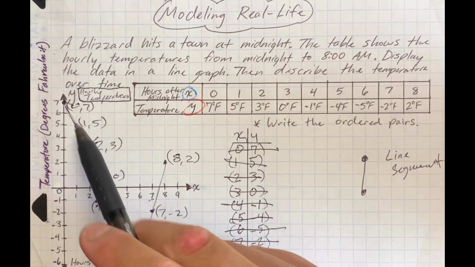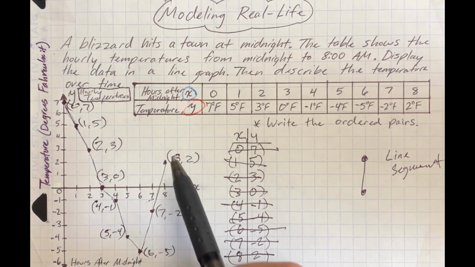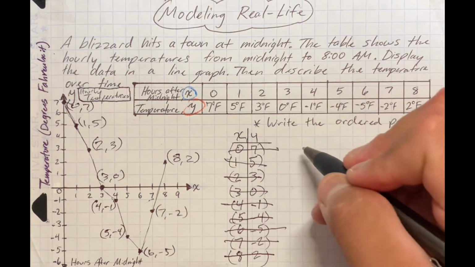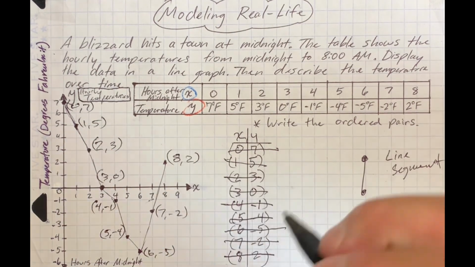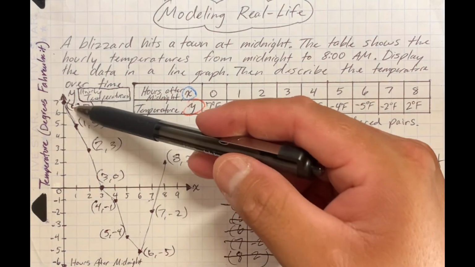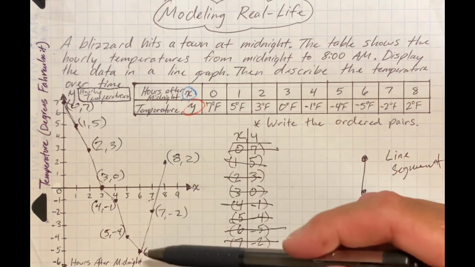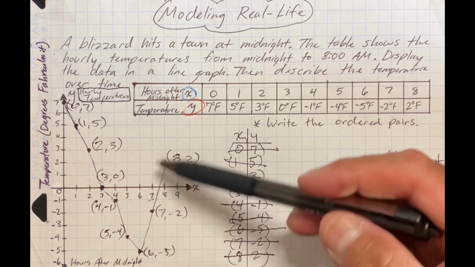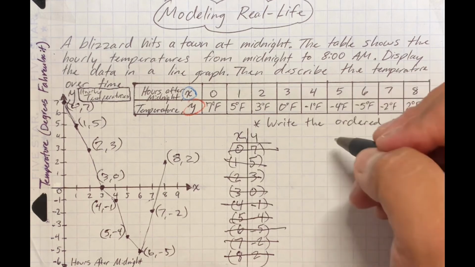In between all these points are line segments. Now we can say that by looking at this graph, the hourly temperatures decrease from midnight all the way to 6 a.m., and then they increase from 6 a.m. to 8 a.m.